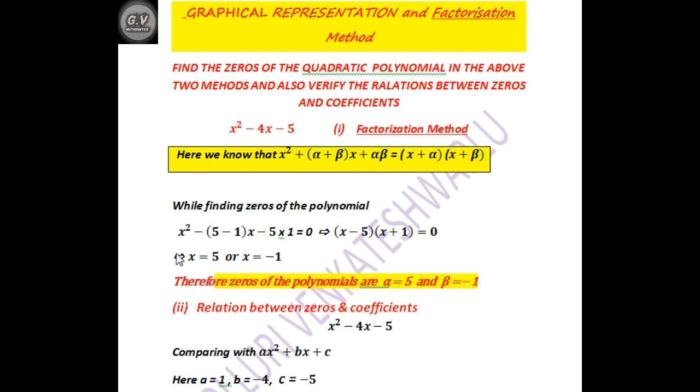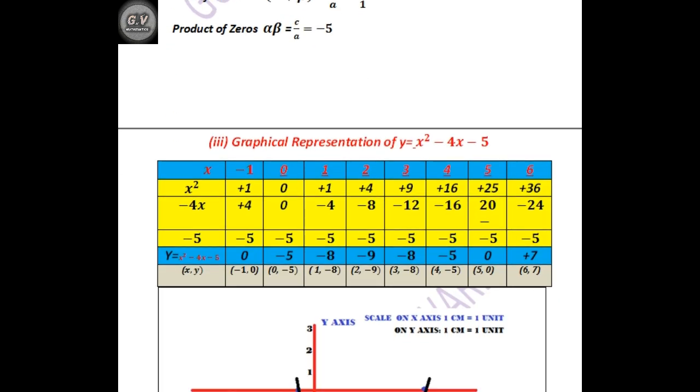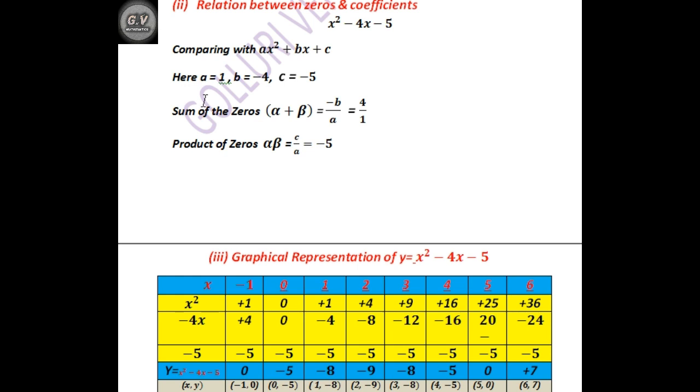We compare this quadratic polynomial with ax square plus bx plus c, the standard form of a quadratic polynomial, where a is equal to 1, b is equal to minus 4 and c is equal to minus 5. We already know the sum of the zeros is alpha plus beta. We have one formula: summation of alpha is equal to minus b by a. So alpha plus beta is minus b by a.